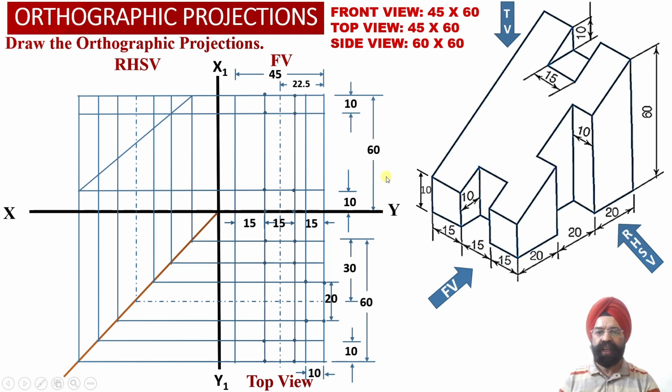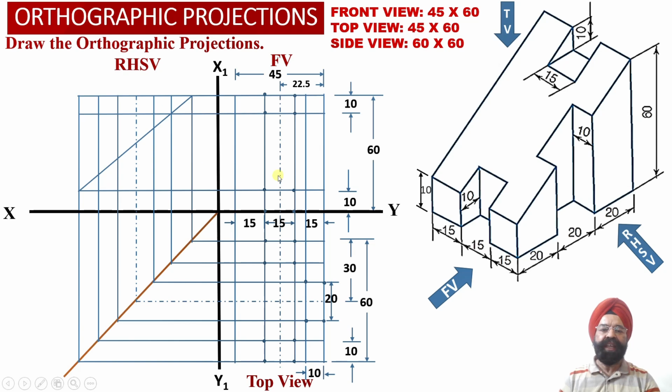This edge will be visible to the observer somewhere here. But for now, I do not have any information about the height of this horizontal edge over here or the height of this edge in the front view orthographic projection. So how do I evaluate these two segments of the cut section over here into the front view orthographic projections?